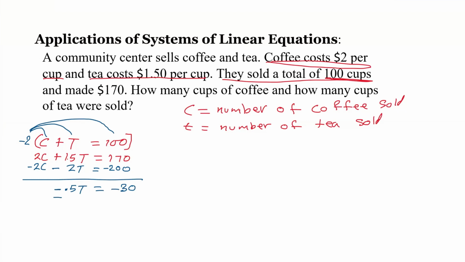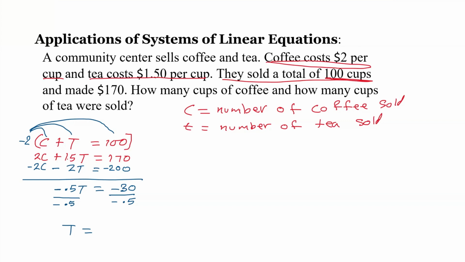So if we divide both sides by negative 0.5, we cancel the negative 0.5 from the T, and we divide this side also by negative 0.5. So T is equal to a negative divided by a negative, which becomes positive. Now we have to figure out what's 30 divided by 0.5.